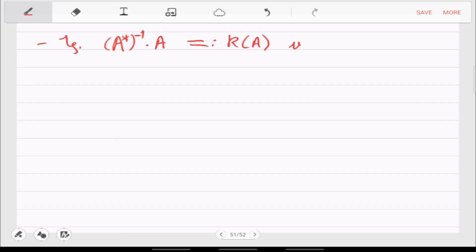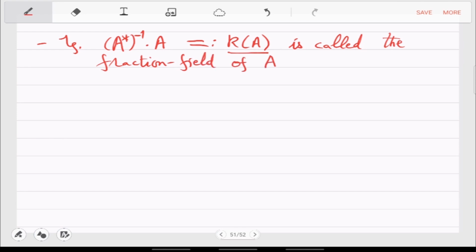Then from the polynomial ring you go to the function field, and we call this k of A. This is called the field of fractions, or fraction field, of A. So for the polynomial ring, k of the polynomial ring is equal to this.